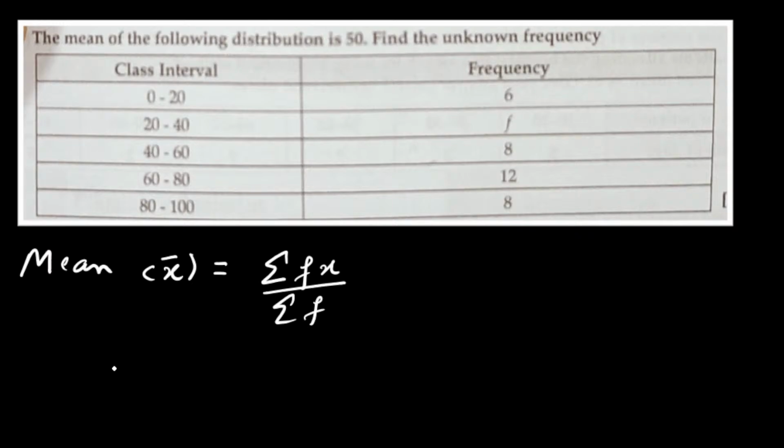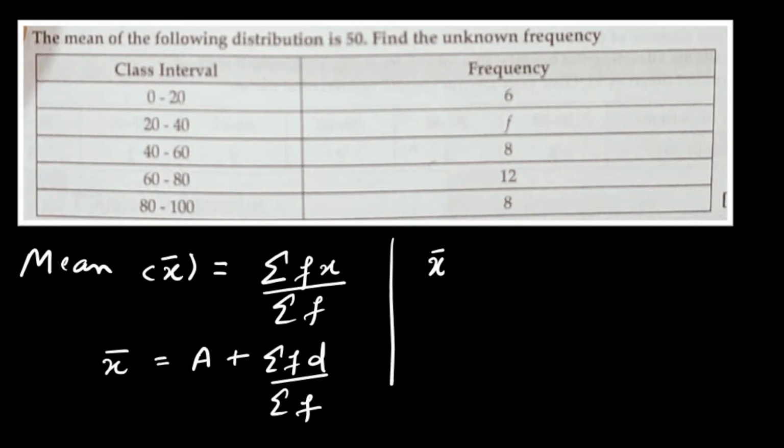Then the shortcut method was a plus sigma fd by sigma f, and by the step deviation method the formula of mean is a plus sigma ft by sigma f into h. So these things we already learnt in the previous class.